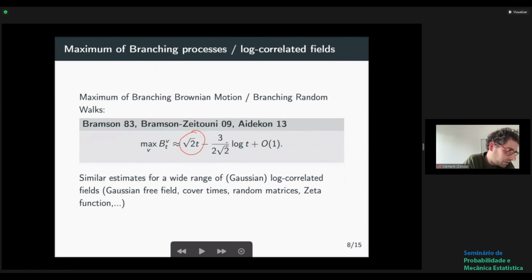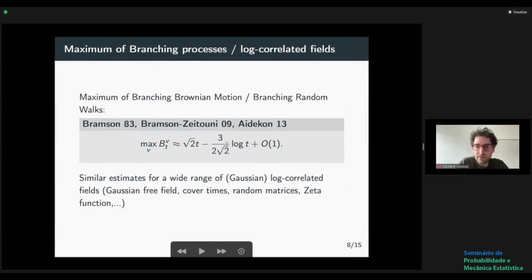But there is a slight correction in the constant that appears here, which is a bit different from what you expect for independent random walks, so this branching structure creates something non-trivial, but you don't observe it directly at first order, only at second order.